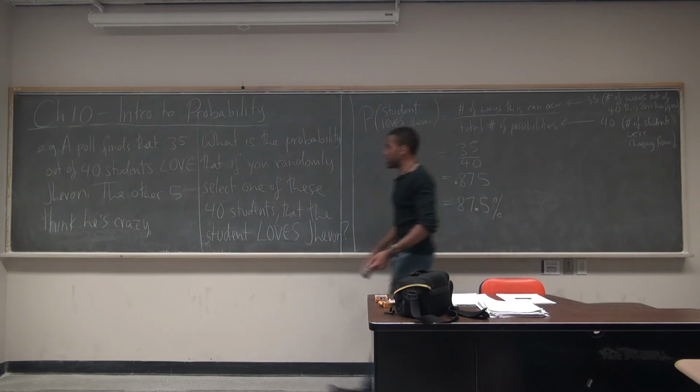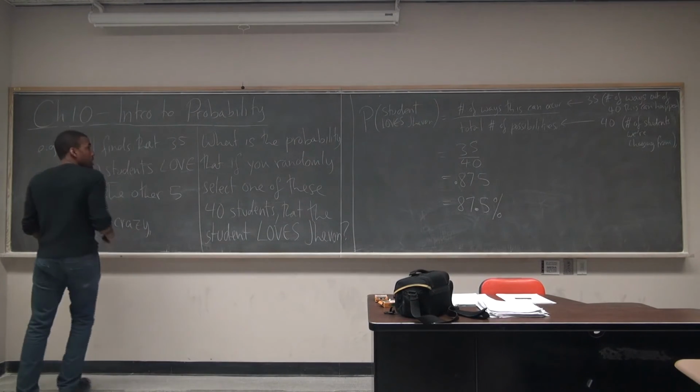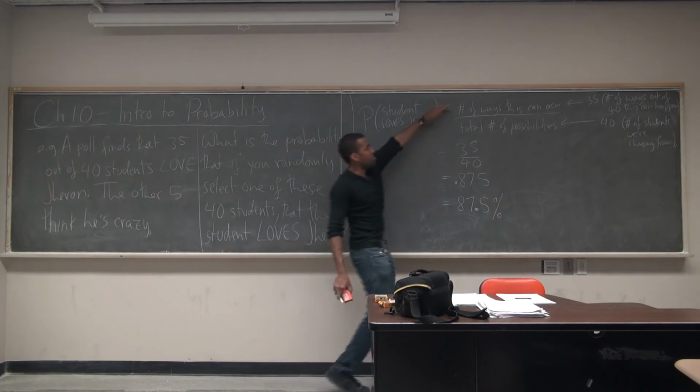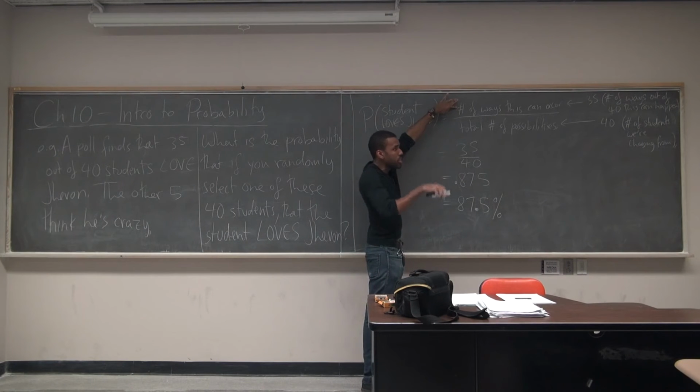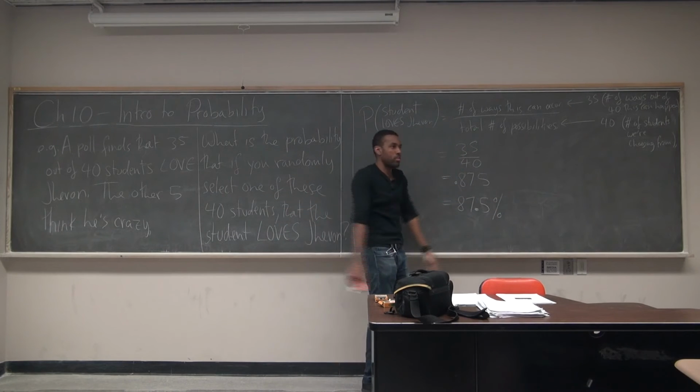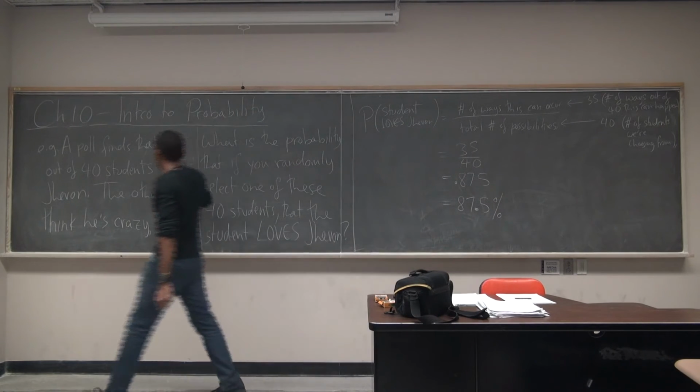One thing I want you to notice is that obviously the number of ways a particular event can occur cannot be more than the total number of all possible events, right? You'll always have a number not more than 1.